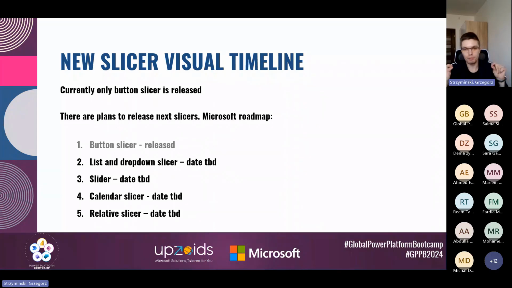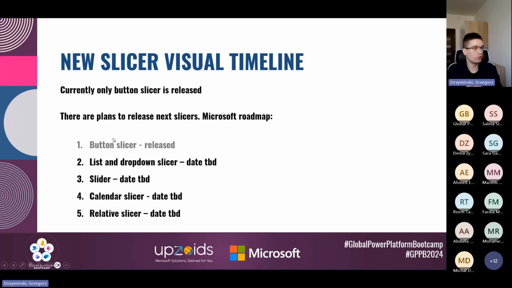That's why I am calling it the button slicer all the time, because the built-in slicer visual has a bit more settings. You can have the drop down, you can have the list, you can have the button slicer, so the tiles, what we are covering, but you can also have a slider or the calendar slicer. That's all to come for the new slicer visual.